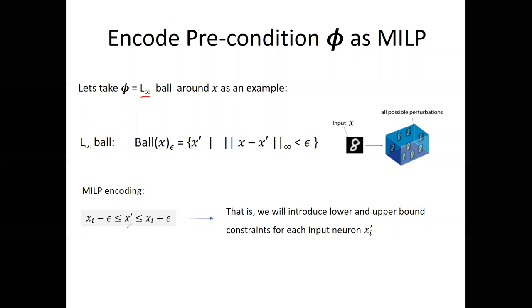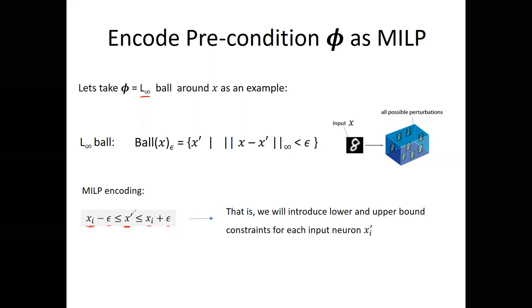So what we have here, if we have the L infinity ball with a radius of epsilon, the constraints that we would generate in the case of the MIP instance, we would say that for every pixel, every pixel is going to be in some range. So let's say that the original pixel value is xi, then some value of epsilon, then the new value of the pixel, let's say pixel i is like pixel 50, then x prime 50.